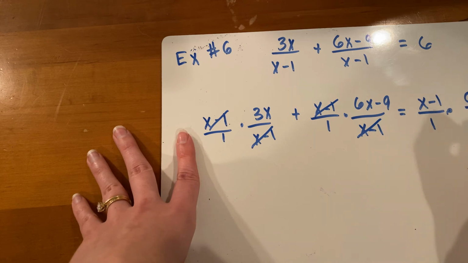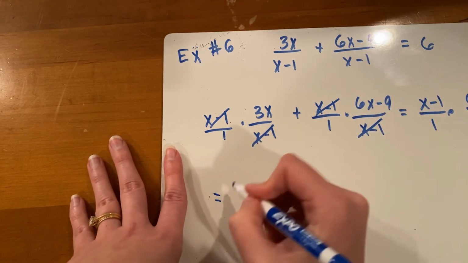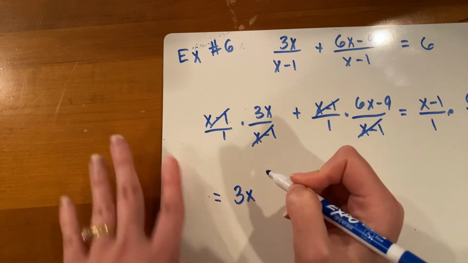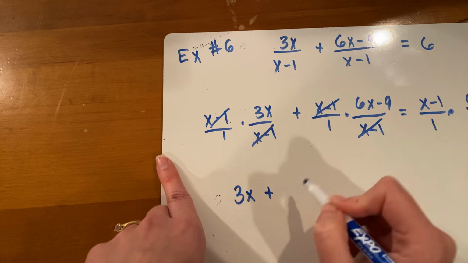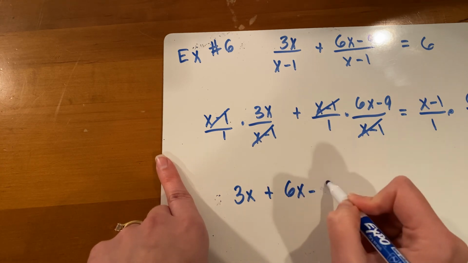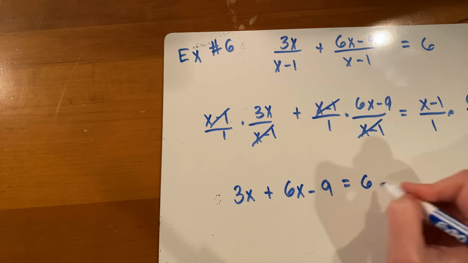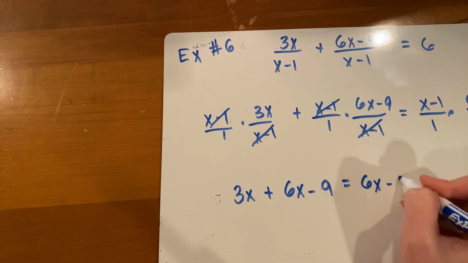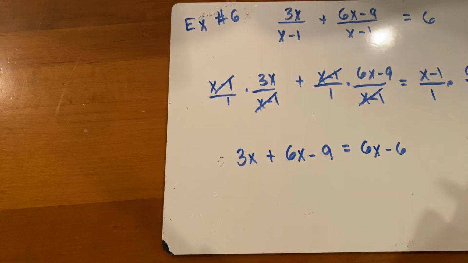Other than right here. Right here is when our problem actually has to change for the better. And so now I'm left with 3x, because all of my denominators canceled out, plus 6x minus 9 is equal to the product of x minus 1 times 6, so 6x minus 6. And now I'm going to start solving for x.